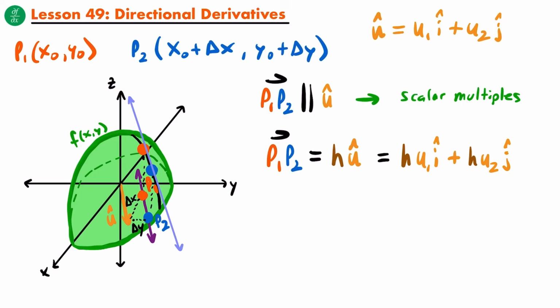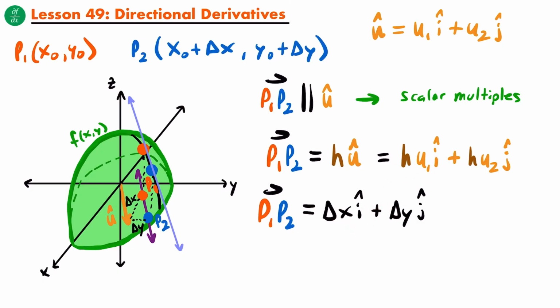So another way that you could represent the vector P1P2 would be with a vector that has an x component of delta x, so we have delta x times i, plus a y component of delta y, so delta y times j. Okay, and so this is another way to represent the same vector that we defined before, which means that their components should be equal, right?